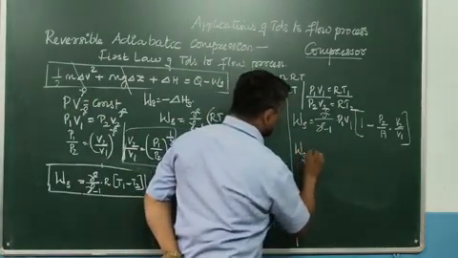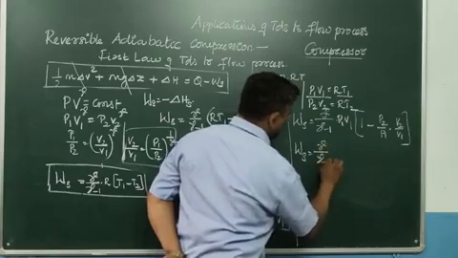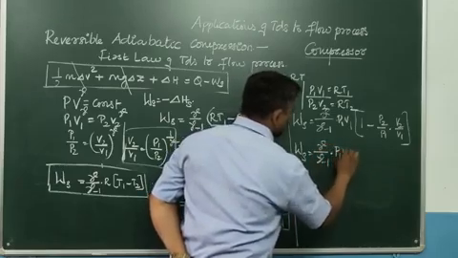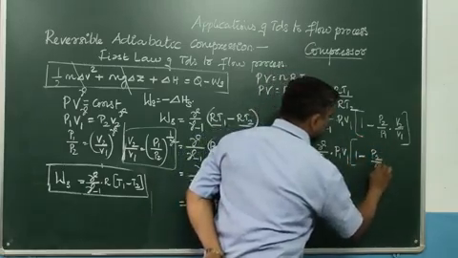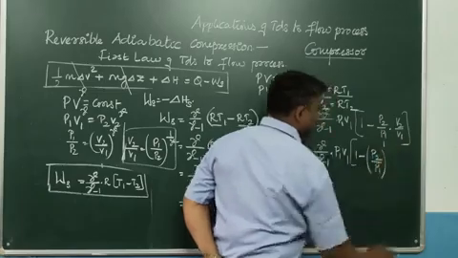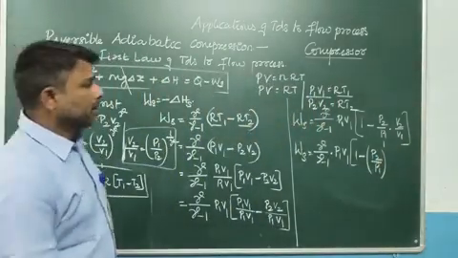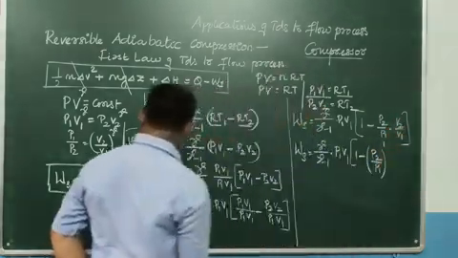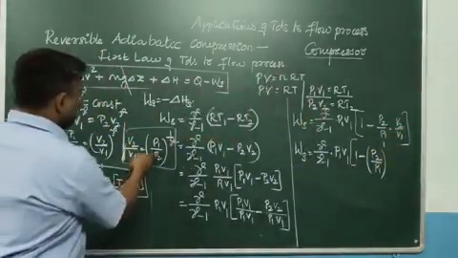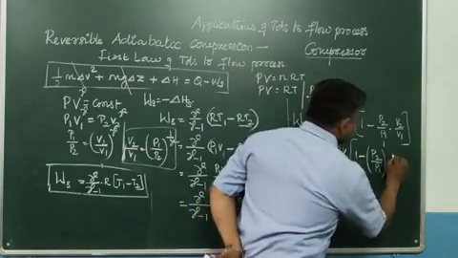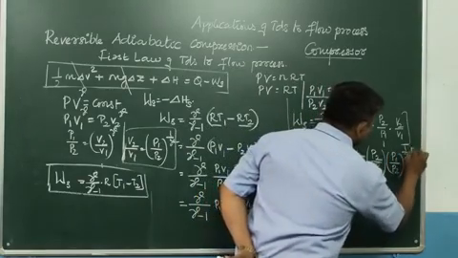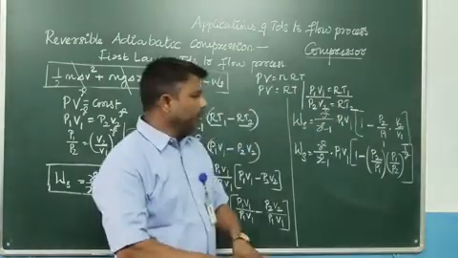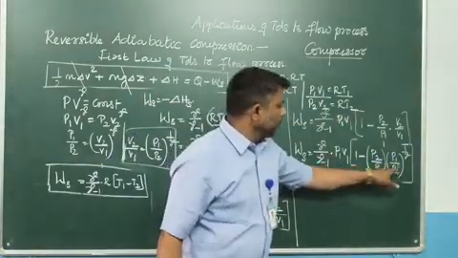Shaft work is equal to gamma divided by gamma minus 1 into P1 V1 into 1 minus P2 divided by P1 power 1. Instead of V2 by V1, I am going to write P1 by P2 power 1 by gamma. See, this is P2 by P1 and this is P1 by P2.